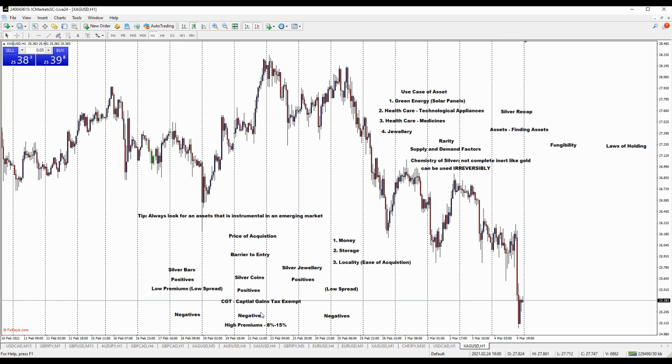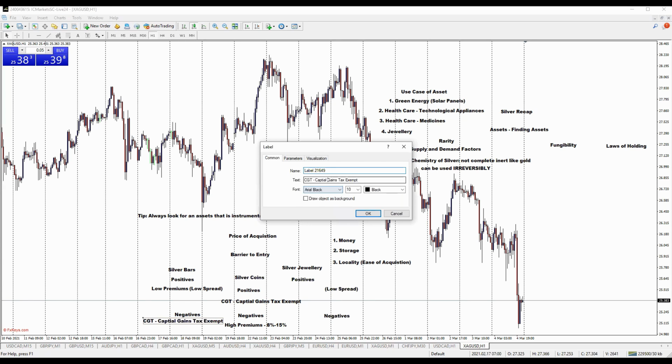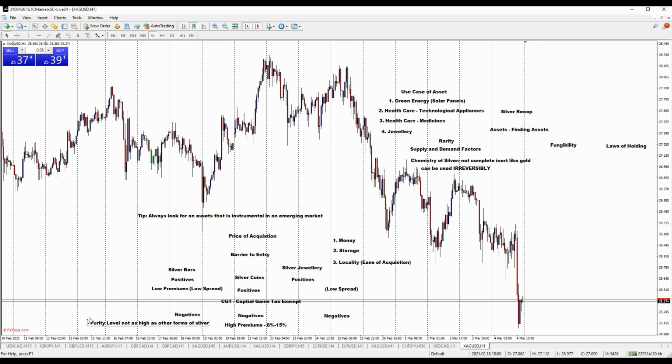All right. So what are the negatives of silver bars? Okay, so one of the biggest negatives of bars is purity level. Sometimes you find as the bars get larger, purity level is not as high as other forms of silver. Okay. So we have things like industrial bars, which can be purified later on. But sometimes when you buy silver bars, you may have to pay a premium on top.